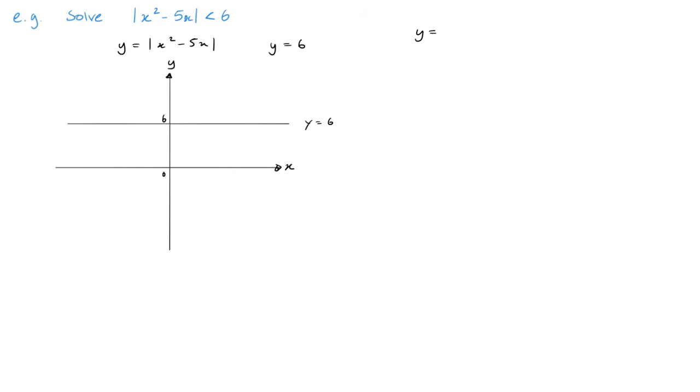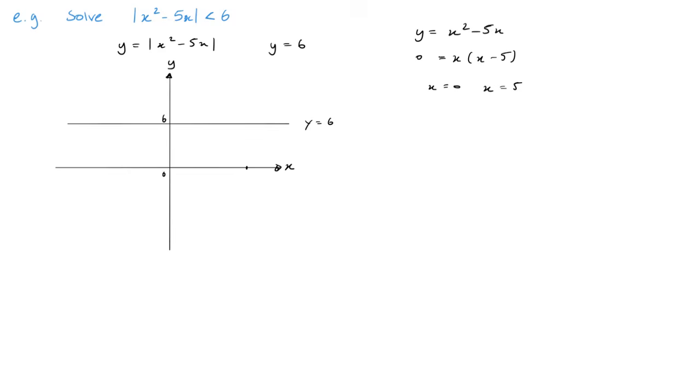But the x squared minus 5x graph is also very simple. If we first consider just y equals x squared minus 5x, factorising it, I get x outside the brackets and x minus 5 inside the brackets, and when y is equal to 0, x will be 0 or x is 5.